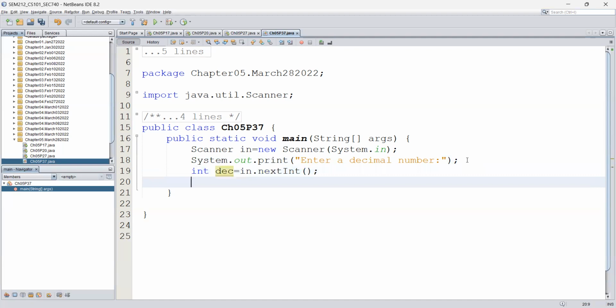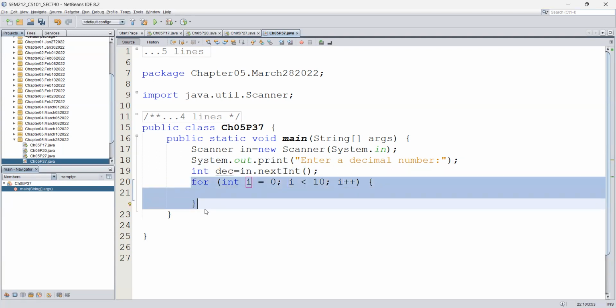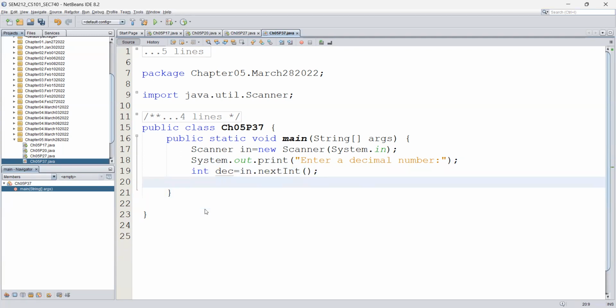So what we will do is simply write a for, or even better than for, a while, decimal remains greater than 1.